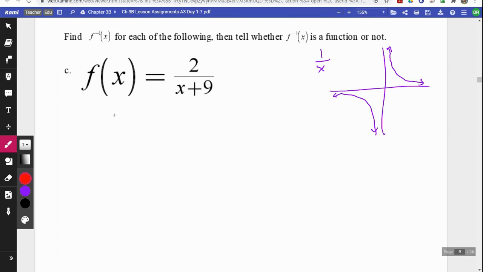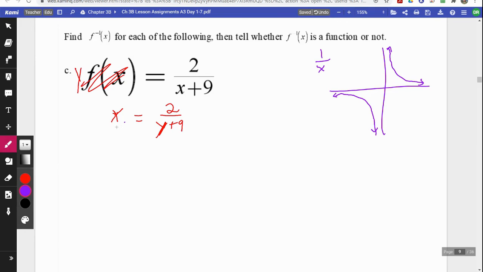And then to find what the inverse is as an equation, swap your x's and y's. So remember, f of x you can think of as y. So x equals 2 over y plus 9. And this is a little interesting. We have some experience with this to solve, but this may be a little confusing at first.